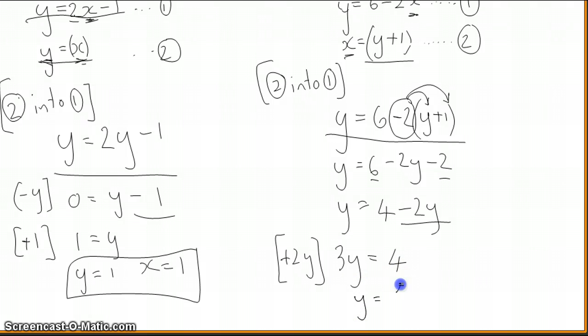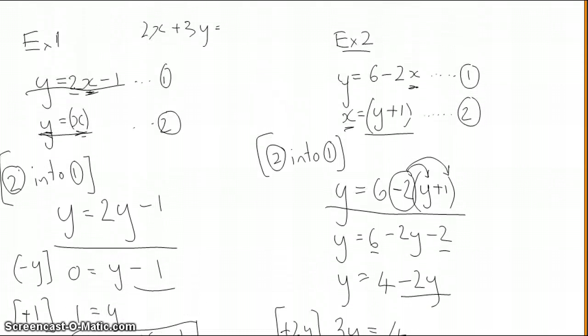And the last step is to divide both sides by 3. 4 over 3 is the value for y. Come back to the start. So remember y is 4 over 3. Put 4 over 3 in for y. That will solve for x.